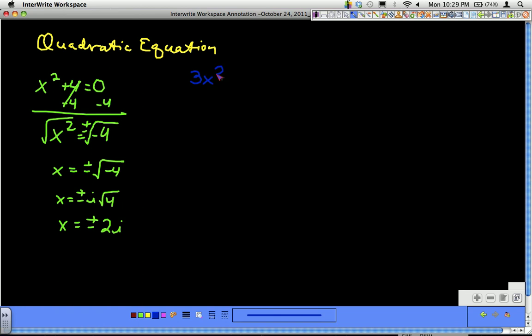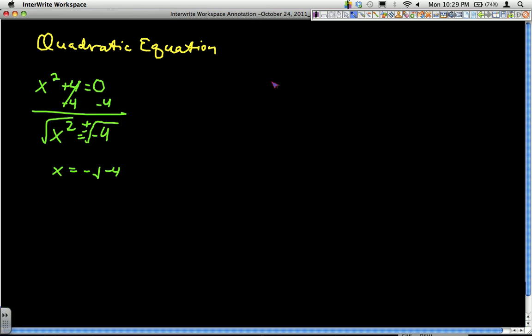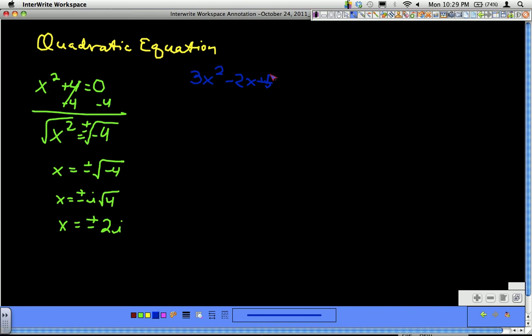Alright, one more that's not quite as quick as this. 3x squared minus 2x plus 5. Not really a short way of doing this, so we probably jump onto the quadratic formula. So we would have x equals opposite of b plus or minus square root of b squared minus 4 times a times c, all over 2 times a.